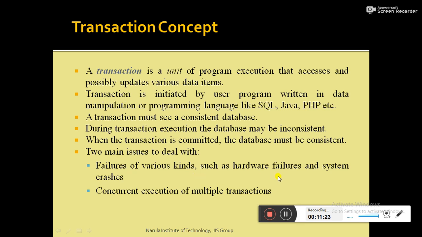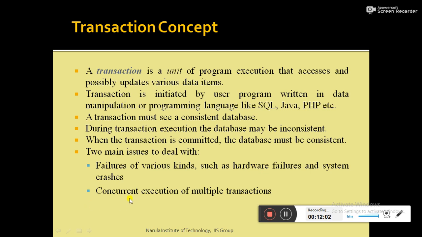Failure may occur due to hardware failure, or the system may fail due to power failure, or it may fail due to software failure. So different kinds of failure are associated with our devices on which the transaction is executing, and these failures vary from hardware failure to software failure to system crashes. So we have to address all these failure issues in terms of transaction management system. We will see it later in the next lecture or next to next lecture.